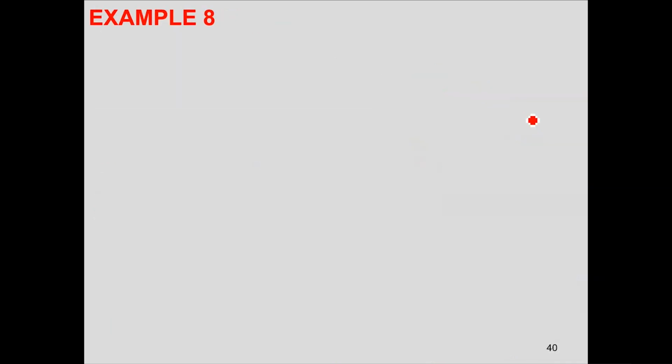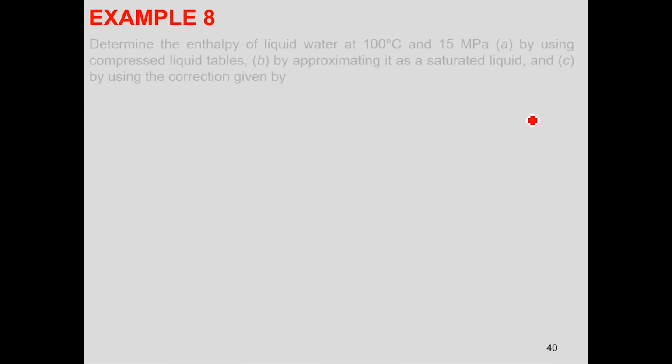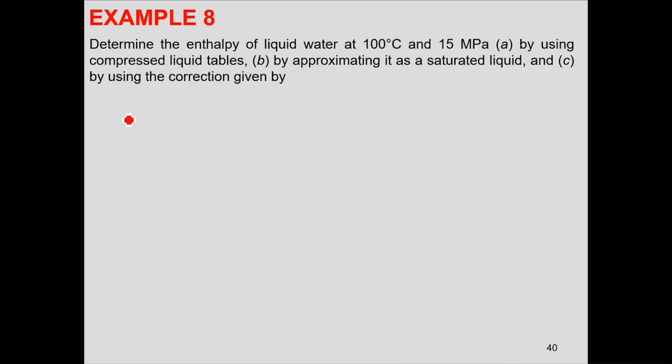So we'll see one example related to how we can find out the change in enthalpy for a compressed liquid via three methods. One is by using the compressed liquid tables. The other is by approximating it as saturated liquid, which is Hf at the given temperature. And the third is where you use the correction by adding the V delta P term.